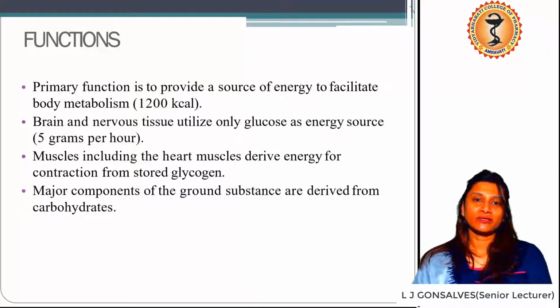Muscles, including the heart muscles, derive energy for contraction from stored glycogen. The major components of the ground substance are derived from carbohydrates. We can get carbohydrate from rice, potato. The daily food intake which we take includes a large amount of carbohydrates.